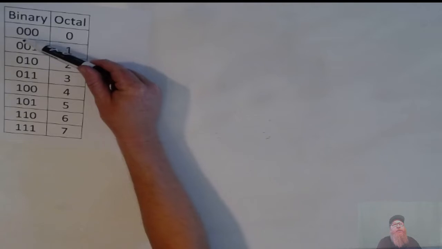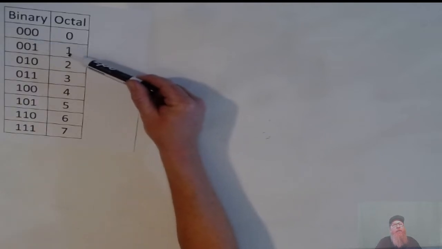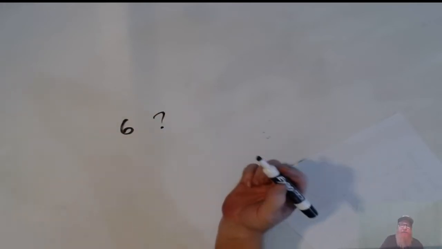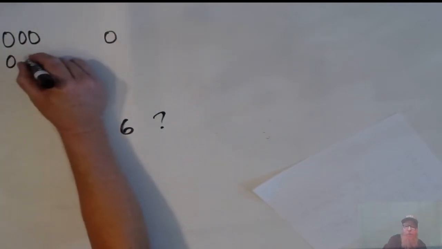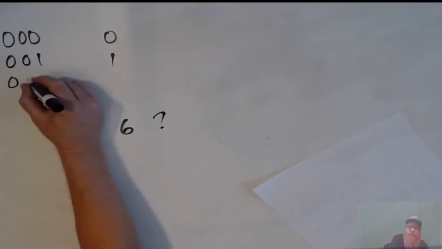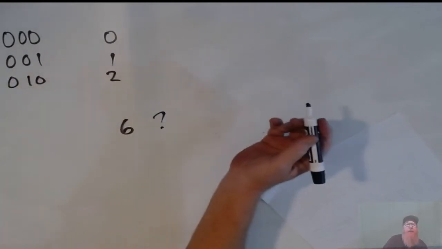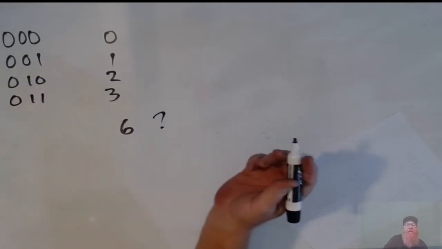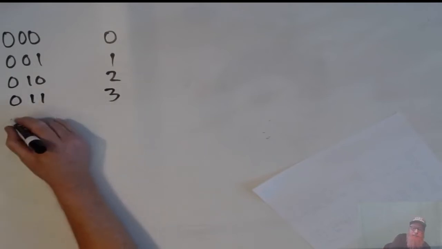0 is 0, 0, 0. 1, right? Suppose you forgot the list and you're like, oh no, I don't know how to do 6. How would you write 6? Well, you know how to write 0. You know how to write 1. You just go backwards and kind of reproduce it. So that must be 2. That must be 3, and it'll only take you a minute to figure out how to write 6.